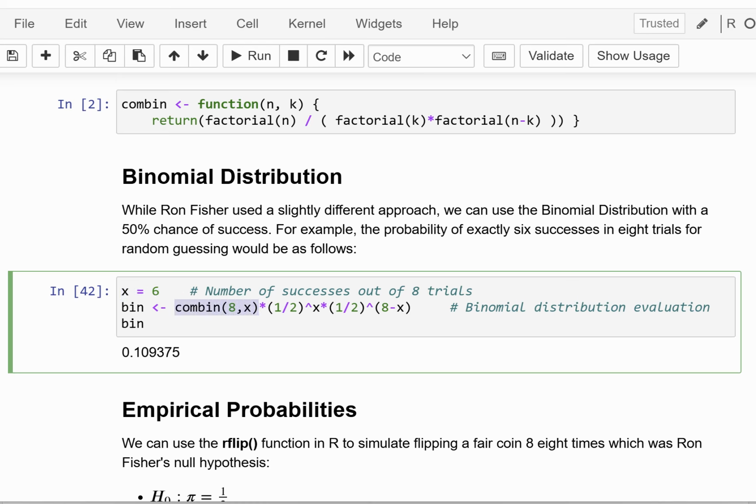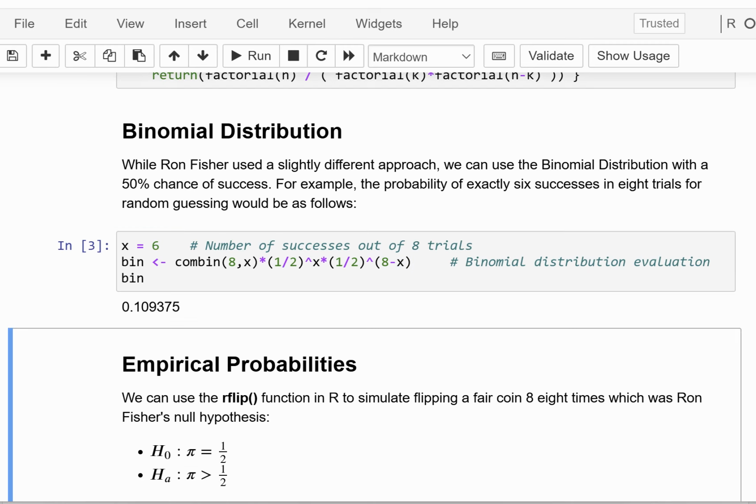Well, it's 8 choose the number of successes, times the probability of success raised to the number of successes power, times the probability of failure raised to the number of failures power. Okay, so we did that in the binomial distribution section. So let's just throw this in here and see what comes out.